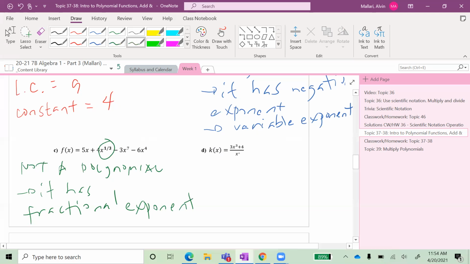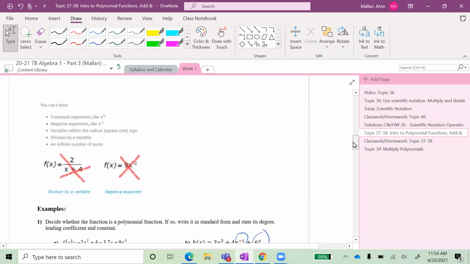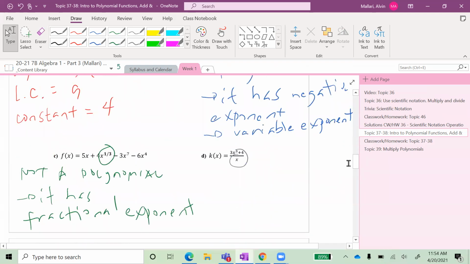Then for this one, see how we have a variable, division by a variable. So these are some of the guidelines that will help you determine whether you have a polynomial or not. What we have here is not a polynomial because you have a division by a variable. All right.